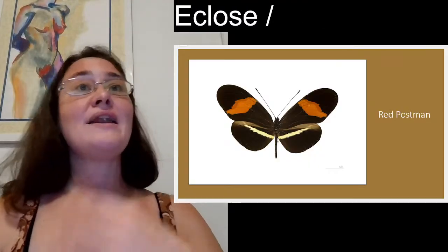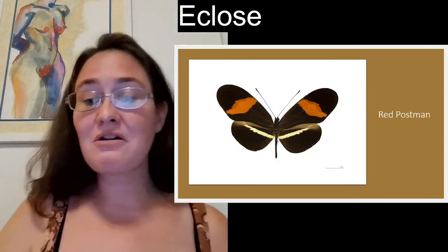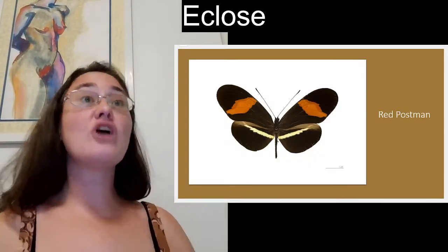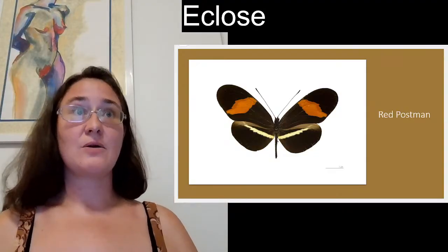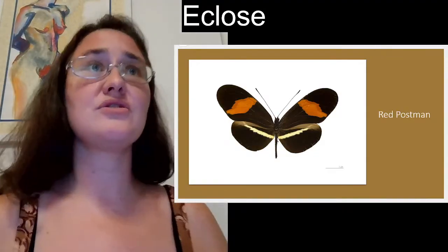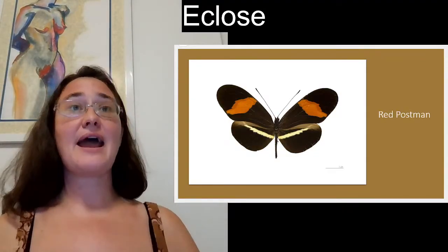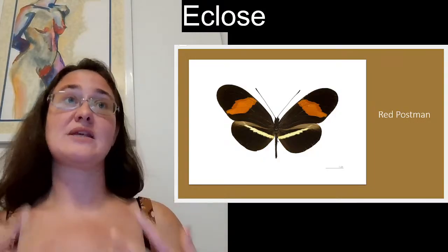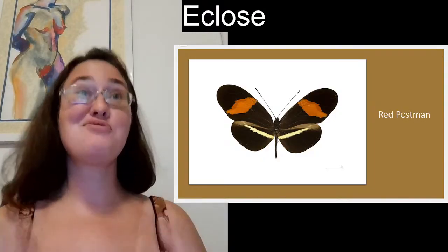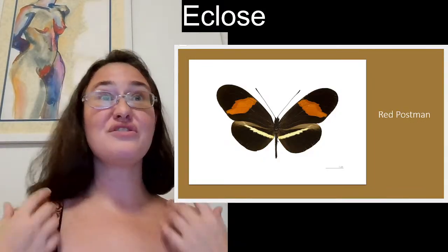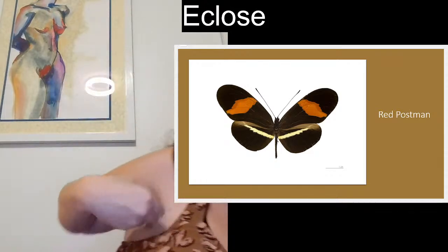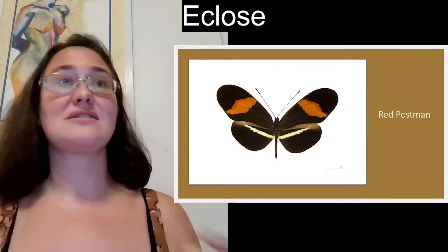Now, when a male red postman ecloses from its chrysalis, or a female, when a butterfly ecloses from its chrysalis, it has to blow out its wings. And what I mean by that is it has to push blood through the veins of its wings and expand those wings nice and long.